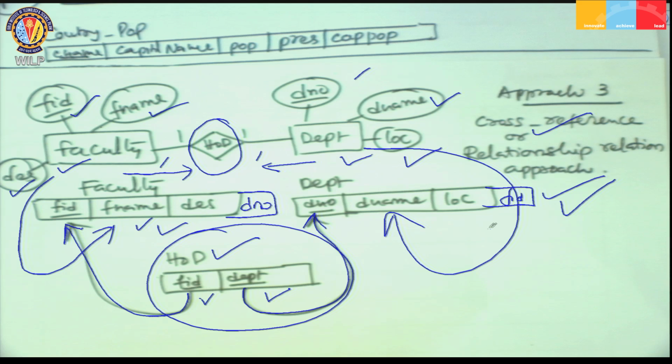So it is better to capture this relationship as a separate relation called HOD, and I include the primary keys of both the entity types, which will refer to the primary keys of the corresponding tables. This is the third approach to capture binary 1:1 relationships.